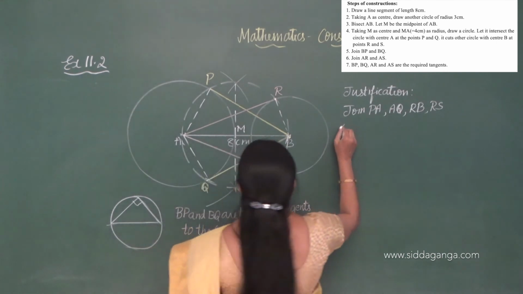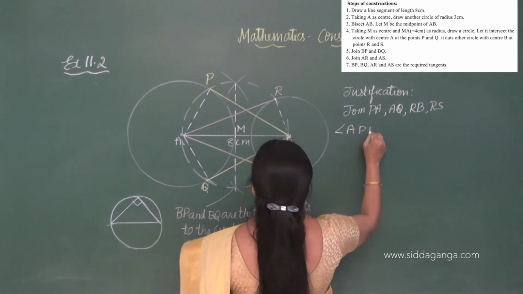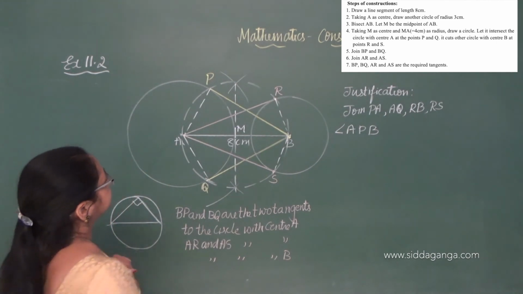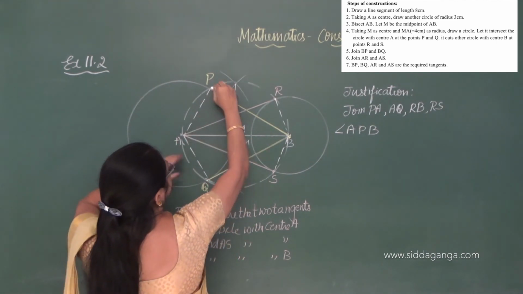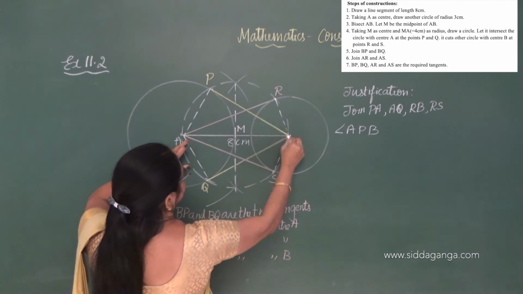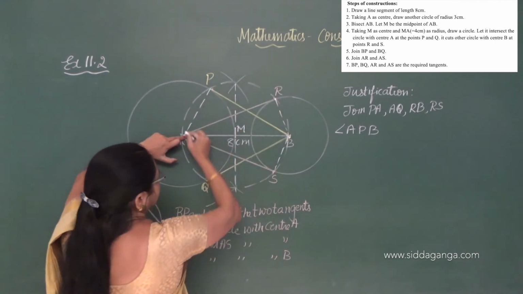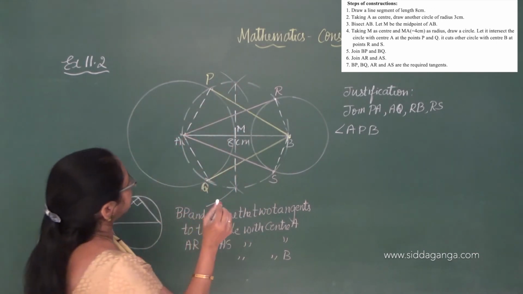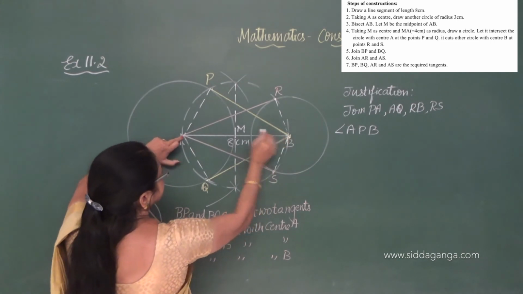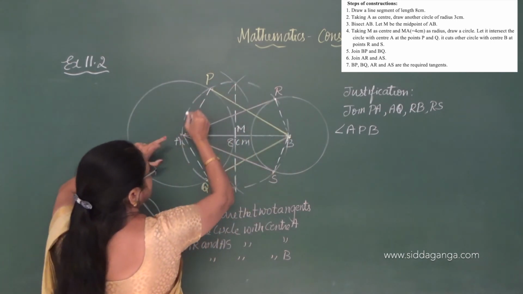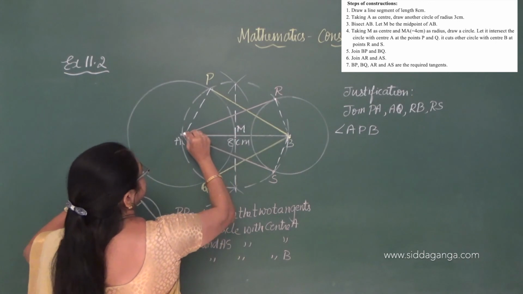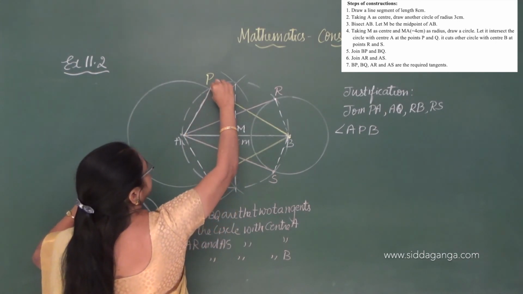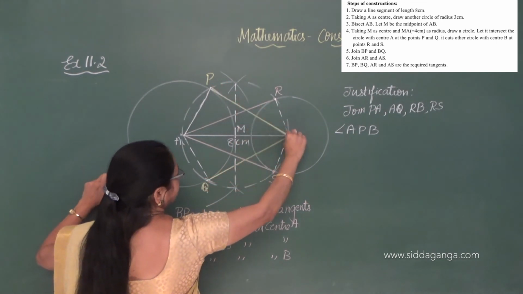Actually AB is the diameter of this circle, the dotted circle. Please note, students, AB is the diameter of the dotted circle here. I will just draw on top of this. See here, APB, that is this one.